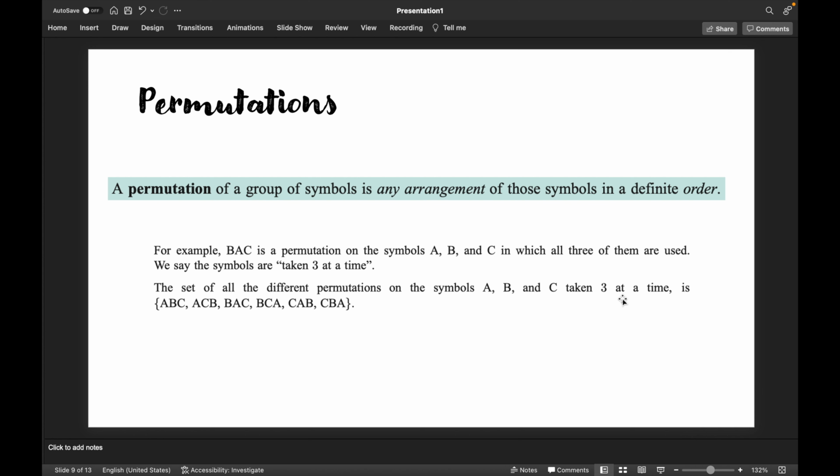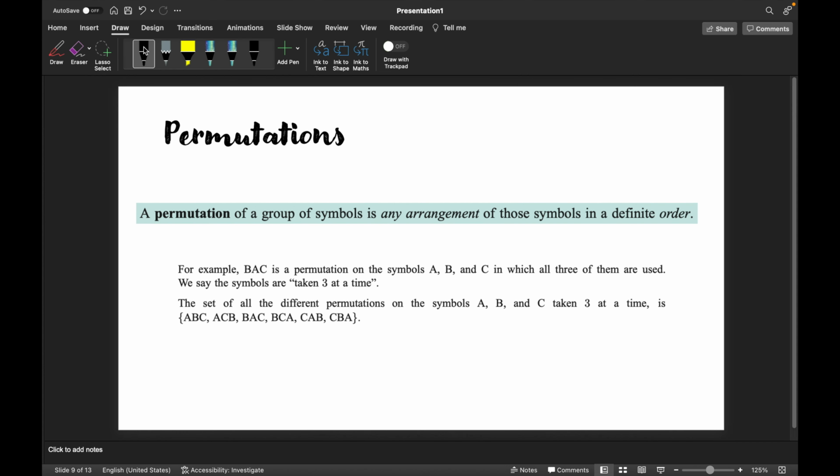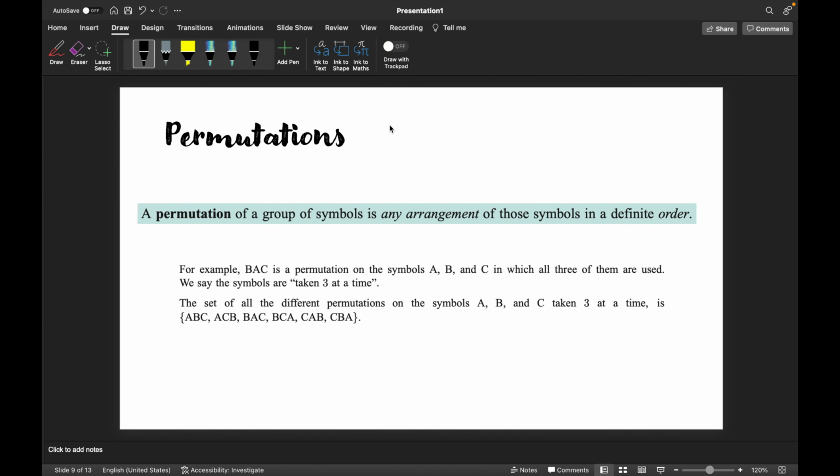A permutation of a group of symbols is any arrangement of those symbols in definite order. One thing you're supposed to know is that permutation deals with arrangement, order, etc. Anytime you see the word arrange, order, or anything along the lines of these, you're supposed to use permutations.